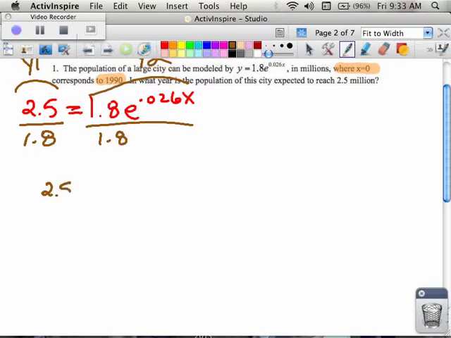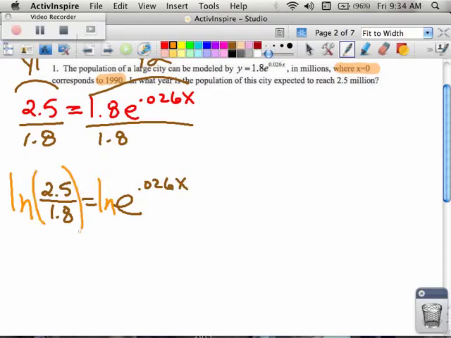So I'm going to do 2.5 over 1.8 equals e to the 0.026x. Remember, our goal is to find out what the x is. It's in the power. I need to get it out of the power, so I ln. I natural log both sides. The reason I'm natural logging both sides is the natural log and the e are inverses of each other.